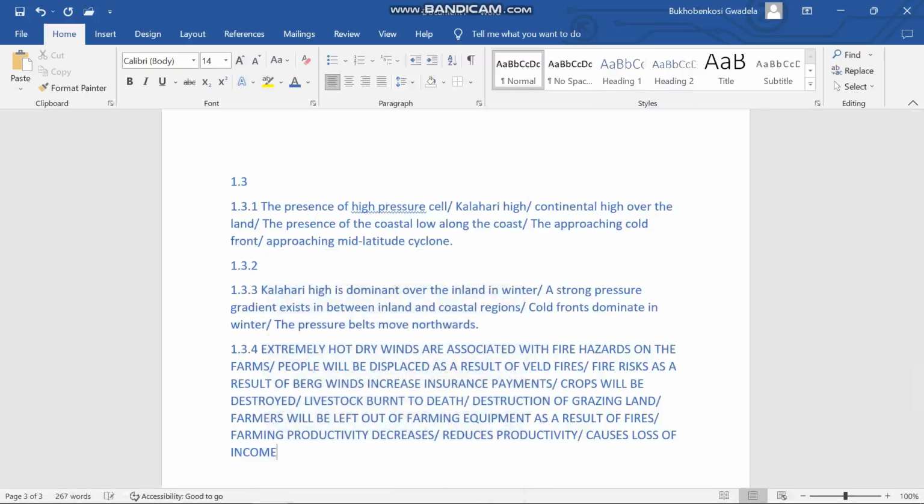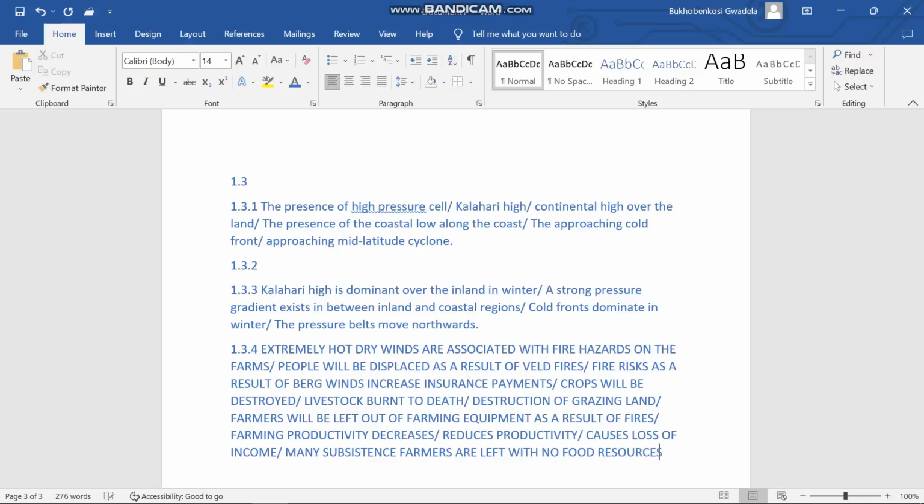Okay, we can also say many subsistence farmers are left with no food resources.